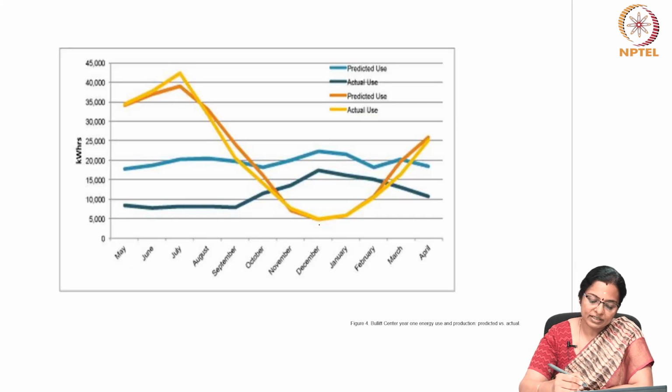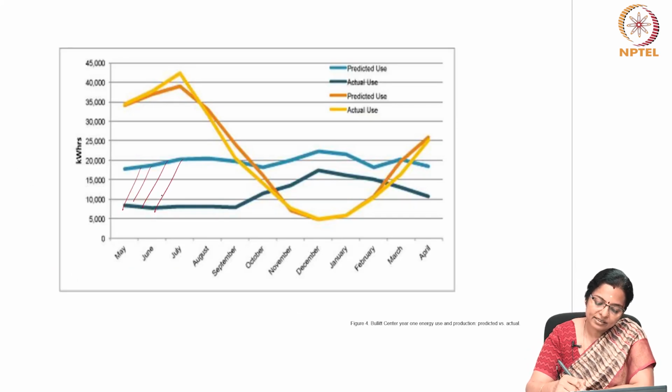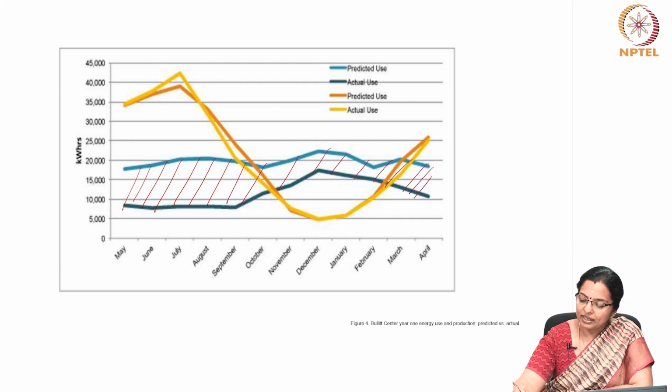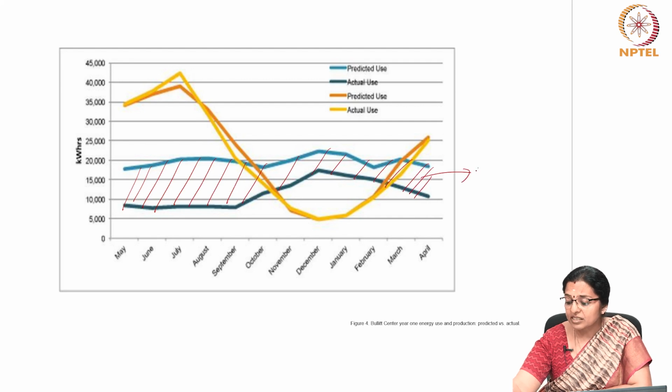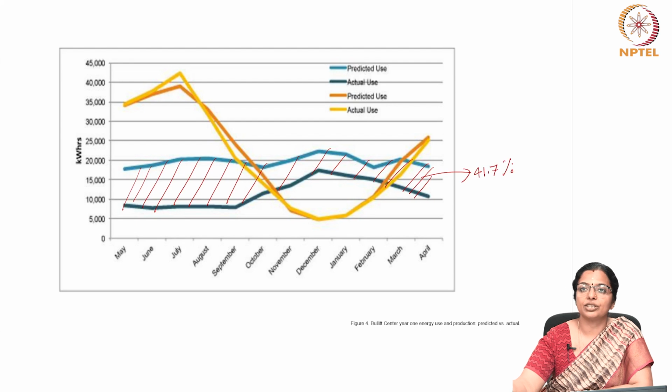So, again here we see that there is a gap between the actual and the predicted energy use, creating a surplus of 41.7% energy.